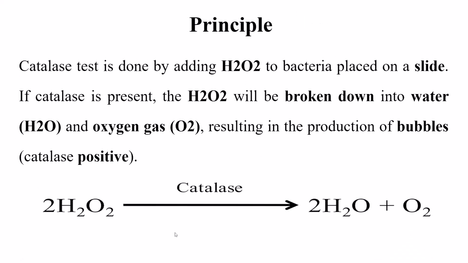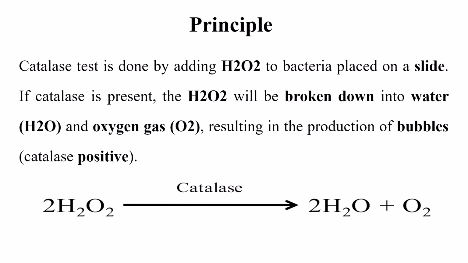The principle of this test starts by adding a drop of H2O2 to bacteria placed on a slide. If the bacteria produce catalase enzyme, the H2O2 will be broken down and changed to water and oxygen gas, resulting in the production of bubbles.